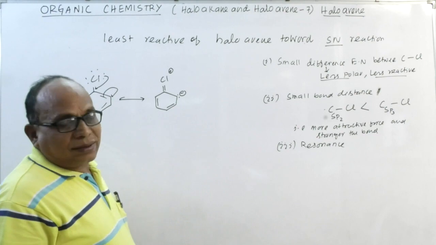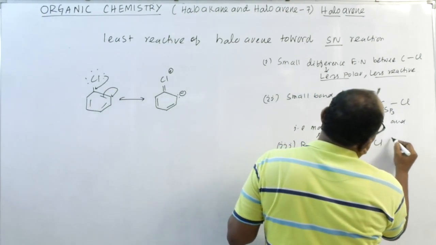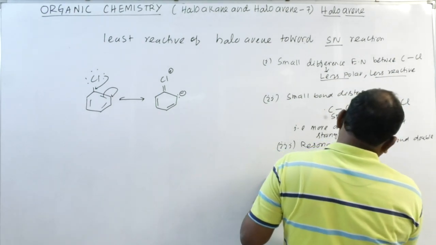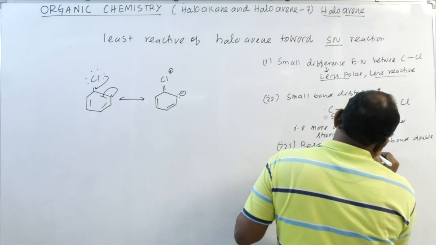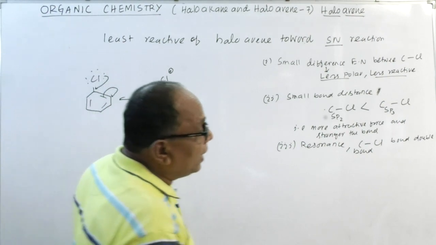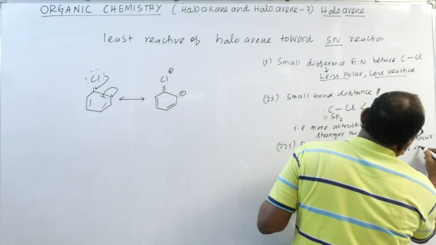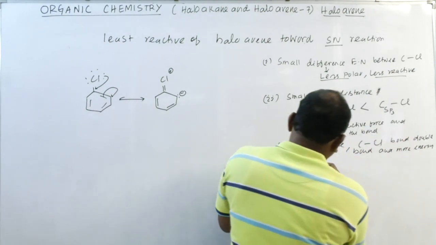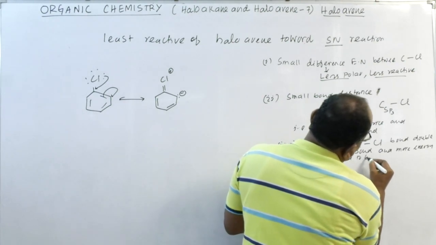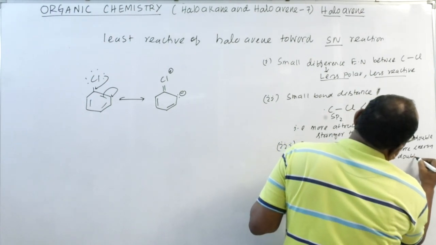Due to resonance, the carbon chlorine bond acquires double bond character, and more energy is required to break the double bond.